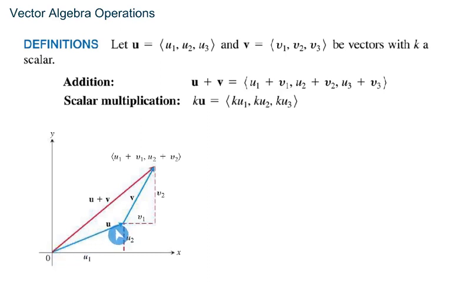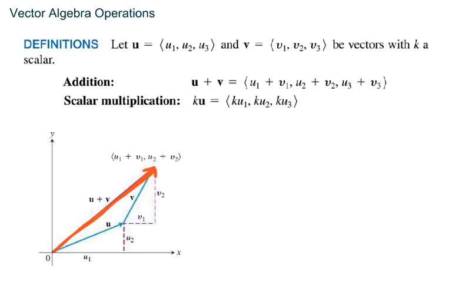These have a magnitude, a length, and then a specified direction. And the sum of u plus v gives us this pink vector, the resultant u plus v. So this is the resultant, this is the sum. So this is our geometric interpretation of adding two vectors.